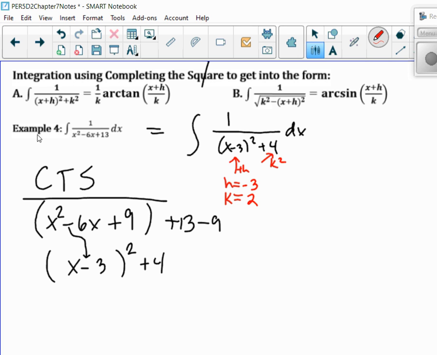Okay, so then you just put it in, bada bing, bada boom, plug and chug, right? So we get 1/2 inverse tan of x minus 3 divided by 2 plus c.